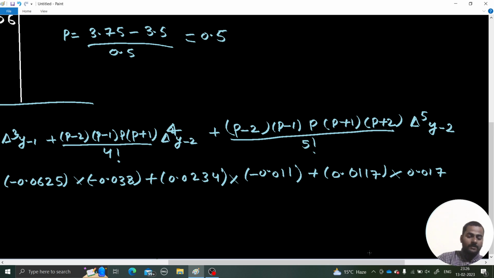I'm getting 19.4071, which is approximately matching with the one given in the textbook.